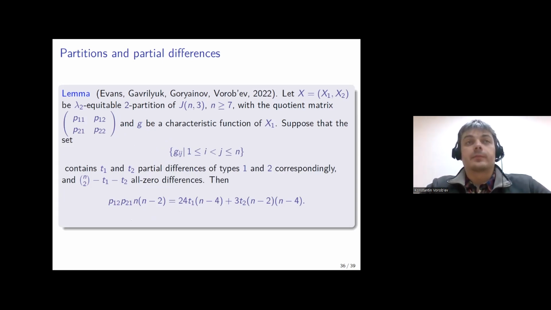So if we have a lambda 2 equitable partition of a Johnson graph, n is at least 7, we have a quotient matrix, we take a characteristic function of one cell, and we consider the set of all possible partial differences of our function g. So suppose it has T1 and T2 partial differences of types 1 and 2 correspondingly, and the rest of them are the all zero differences, then we have the following equation. So some numerical condition.